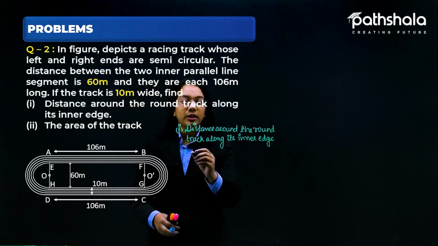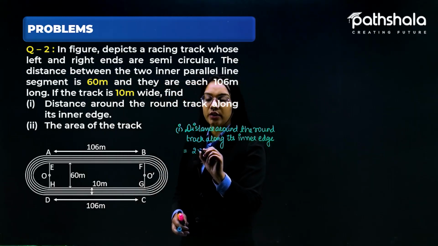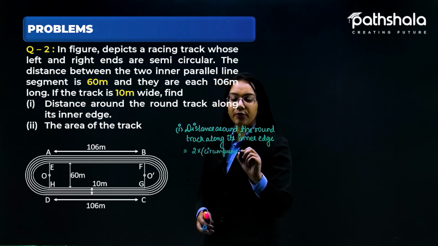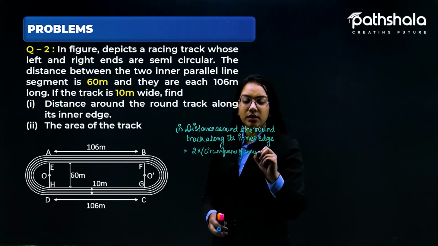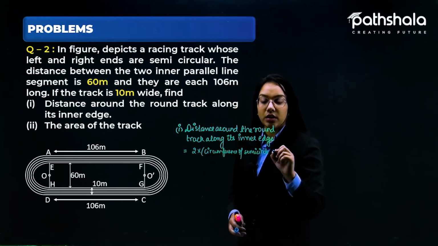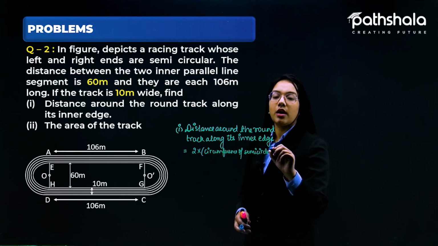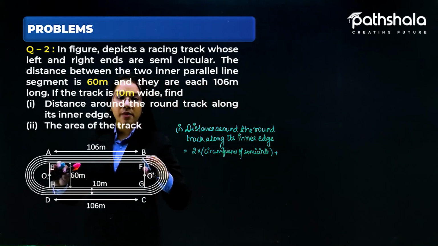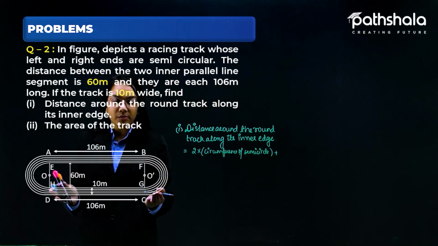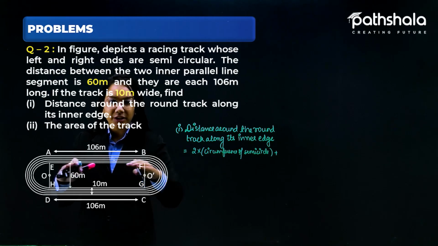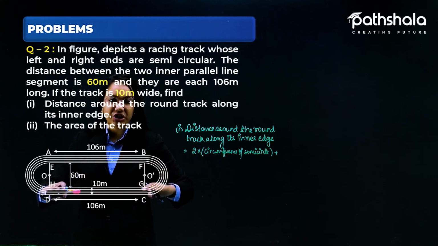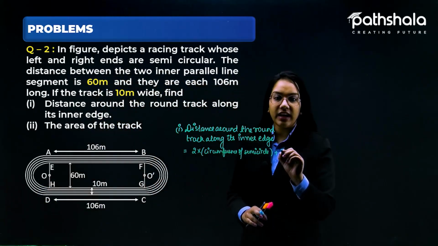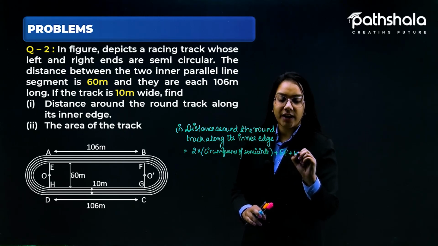So it would be twice the circumference of the semicircle, plus, as we have taken the circumference of these two semicircles but are left with these two straight lines, the EF distance plus the HG distance, because this will provide us the whole total distance. So plus EF length plus HG length.